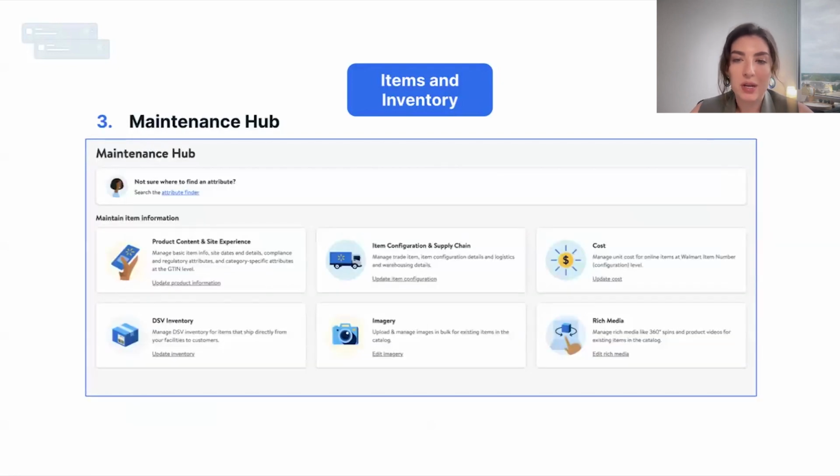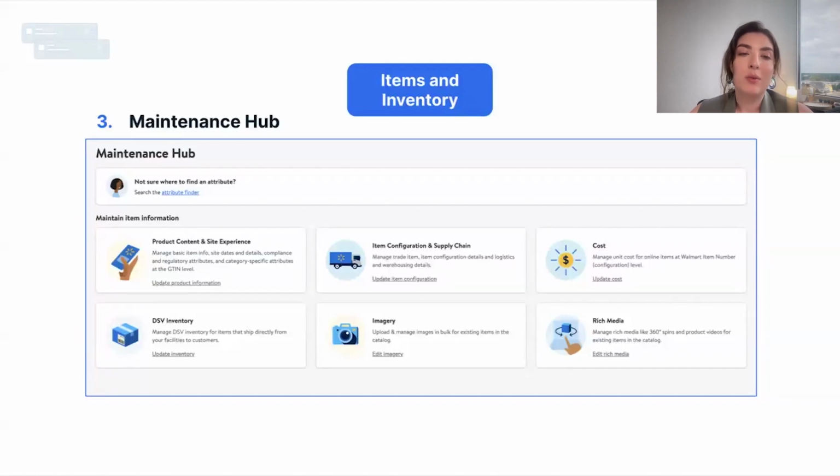In Maintenance Hub, you've got a couple of different workflows set up in these cards, whether it's managing the unit costs for an item, uploading your rich media and imagery, managing DSV inventory, product content and site experience, as well as item configuration and supply chain. So lots of different workflows that you can go into, as well as the attribute finder.